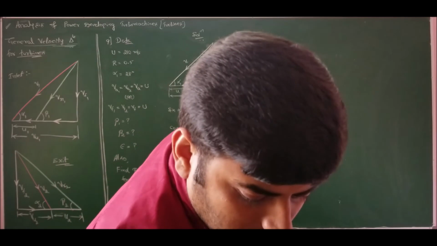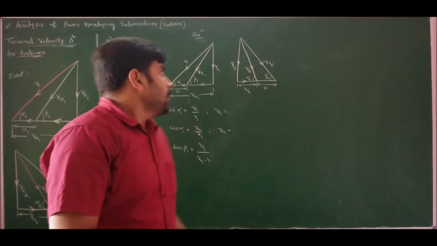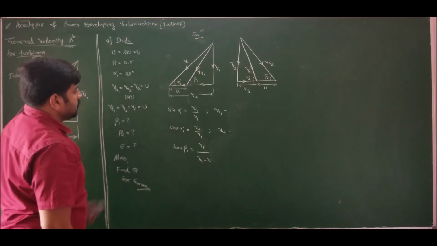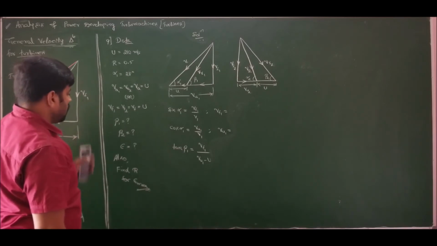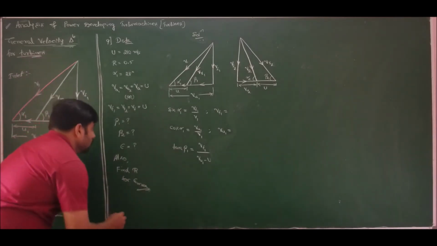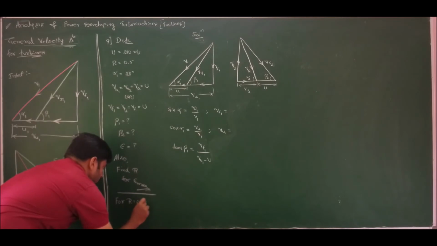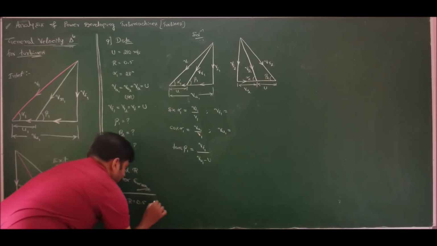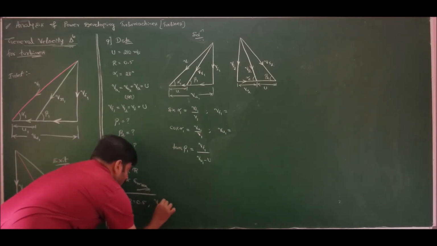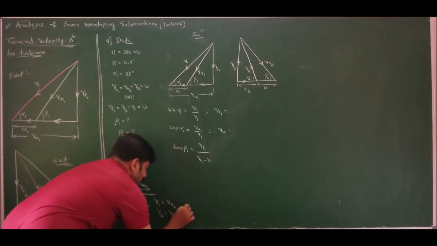If you observe, we are solving a problem on axial flow 50% degree of reaction turbine. So for R equal to 0.5, the condition is V1 is equal to VR2, V2 is equal to VR1.